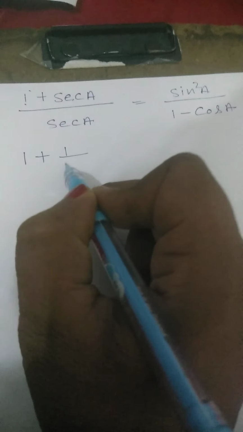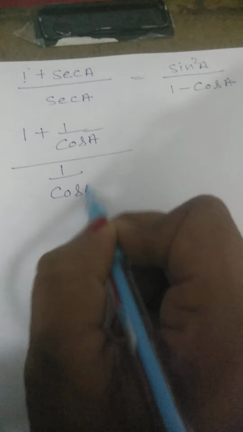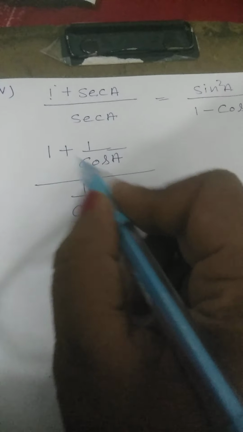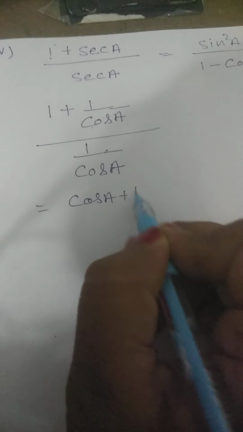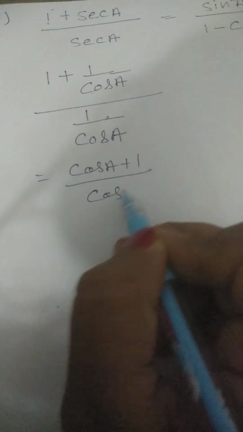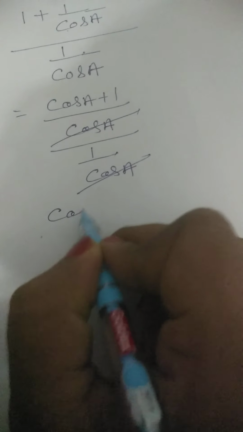Sec is the reciprocal of cos A, 1 upon cos A. You can write like this, na? Cos A plus 1 upon cos A upon 1 upon cos A. Both will be cancelled and you get only cos A plus 1.